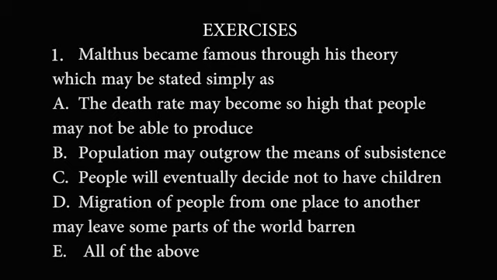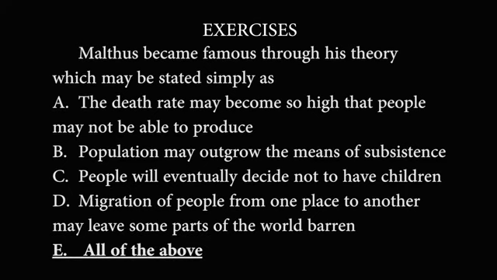C. People will eventually decide not to have children. D. Migration of people from one place to another may leave some parts of the world barren. E. All of the above. The answer is E, all of the above.